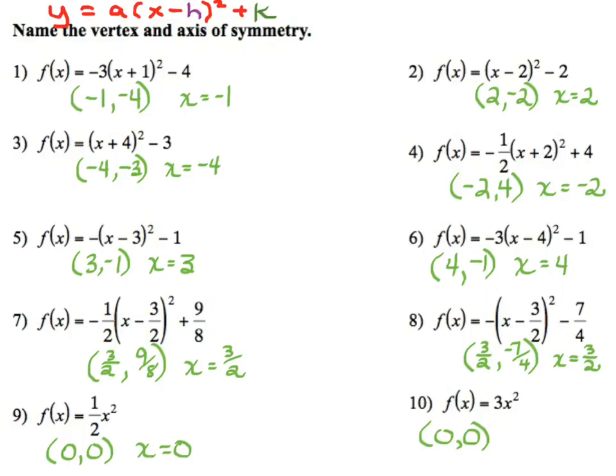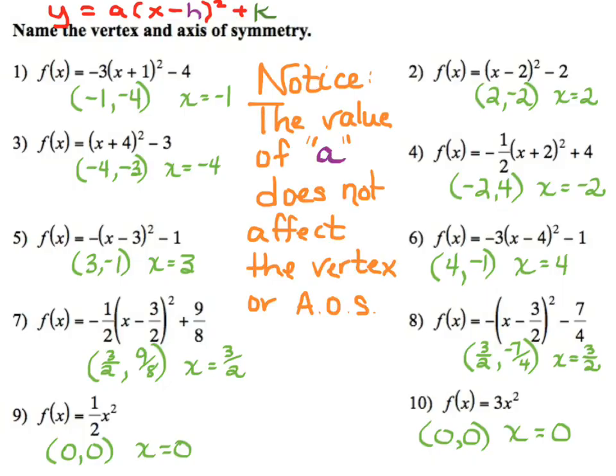All right, same for number 10. Oh, by the way, and I've already mentioned this, but the value of A does not affect the axis of symmetry or the vertex. And again, the value of A are all these numbers right here that are sitting out in the front, whether it be just a negative right there, or a -1/2, or a 1/2 here, or a 3 here.